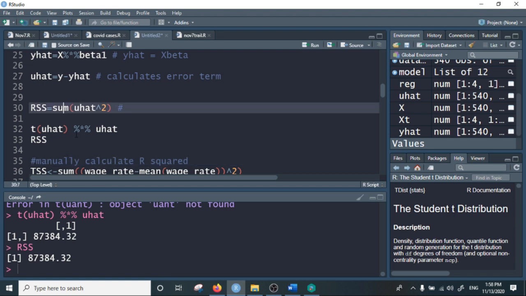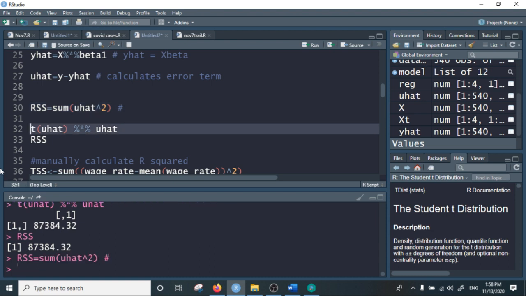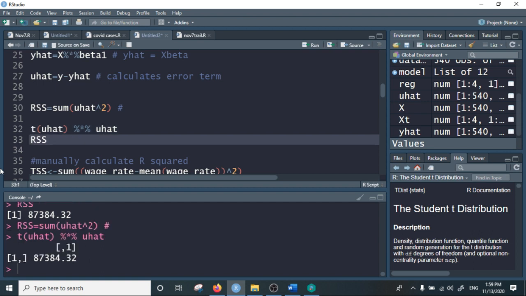So the first one, RSS, has been calculated as summation e squared or summation residual squared, and the second one is simply u hat transpose times u hat. So both yield us the same value of the residual sum of square.